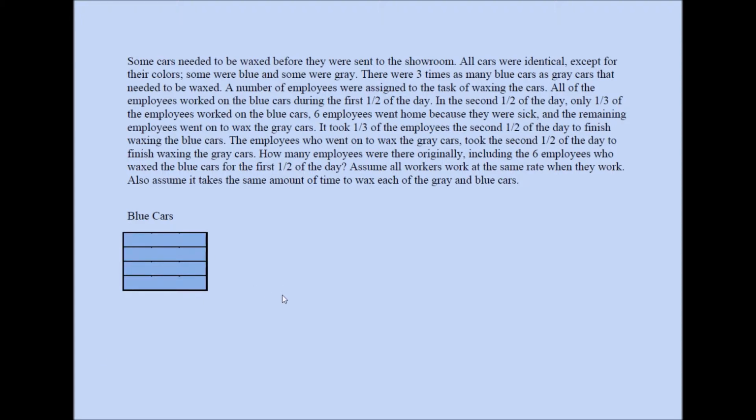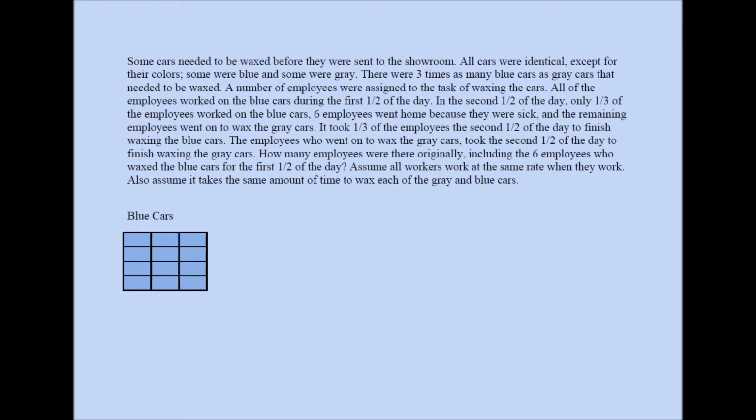We also know that there were 3 times as many blue cars as gray cars. So that tells us I'm going to cut this rectangle further into 3 pieces in this manner. Why would I do that? Because that will help me find a nice representation of the gray cars. So let's go ahead and do that.